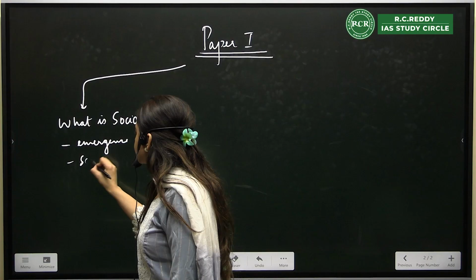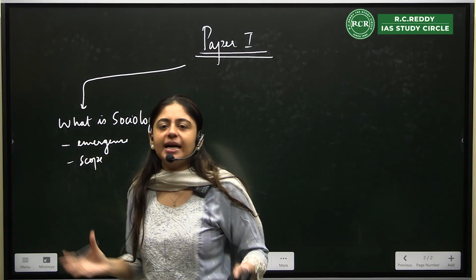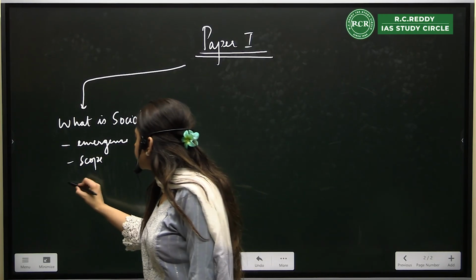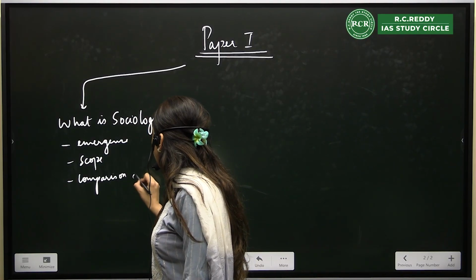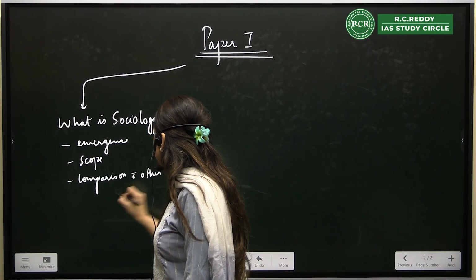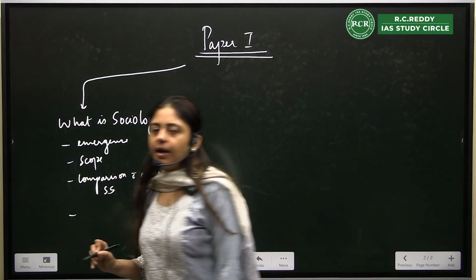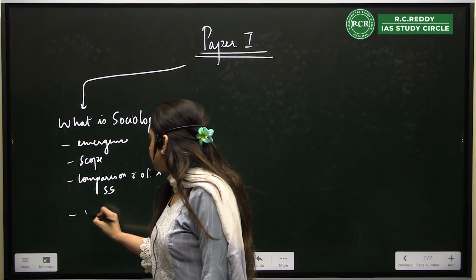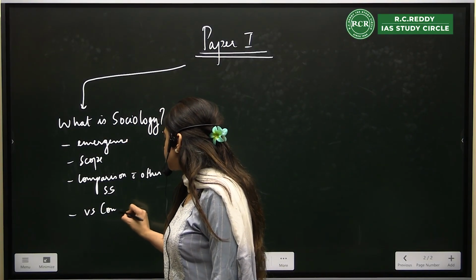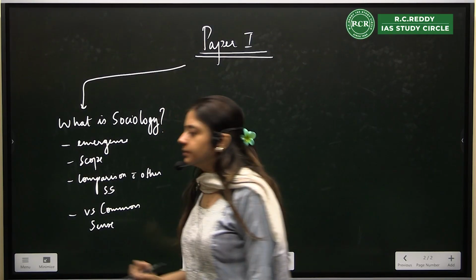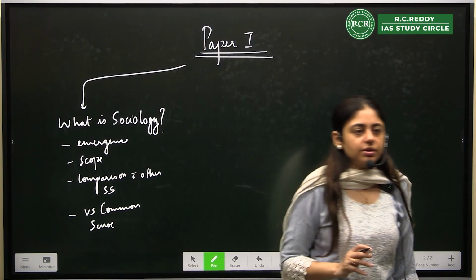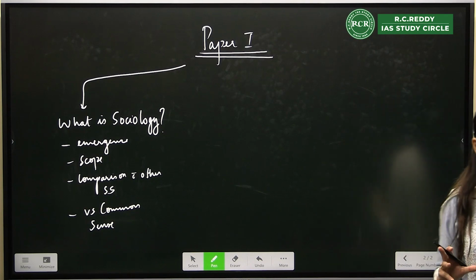We'll discuss its scope. Scope are the boundaries. What exactly does sociology study? We'll discuss its comparison with other social sciences and its difference from common sense. Right? So this is one part of the syllabus.